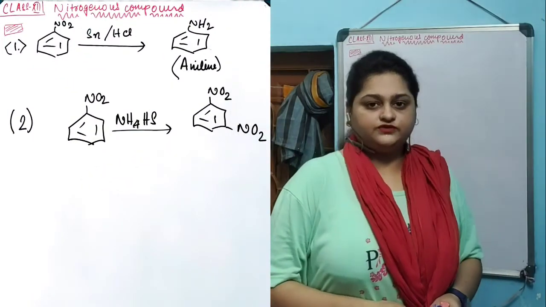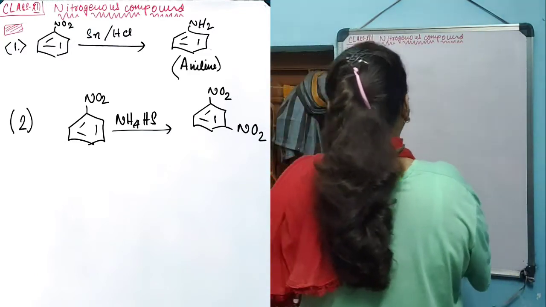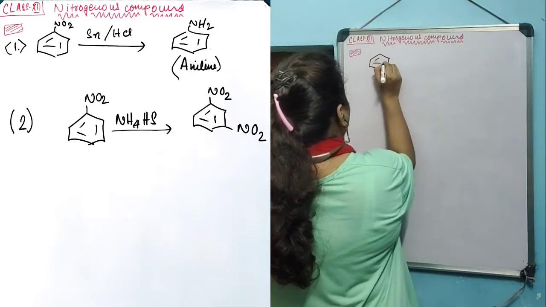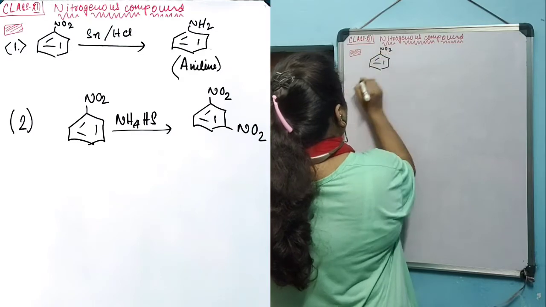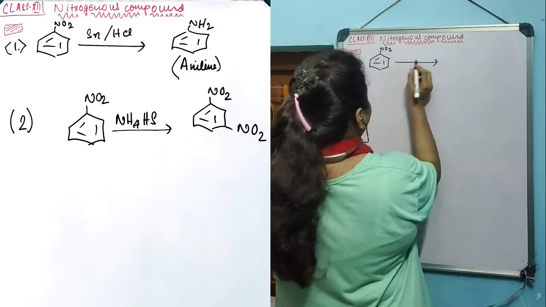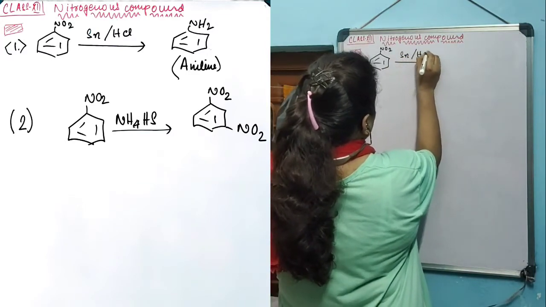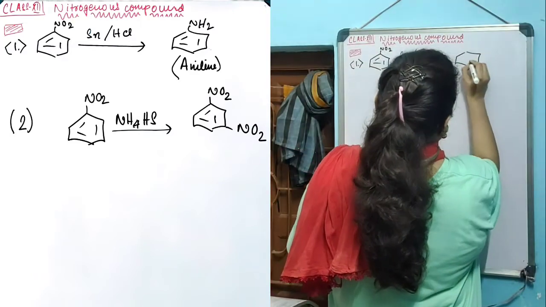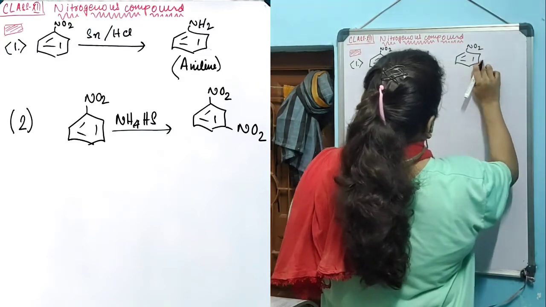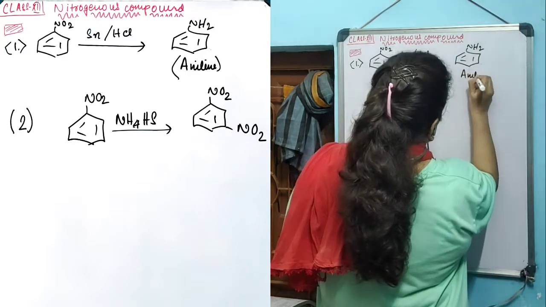Now we are going to study a few reactions of nitrobenzene. The first reaction: when nitrobenzene is reacted with HCl, it produces NH2, aniline.